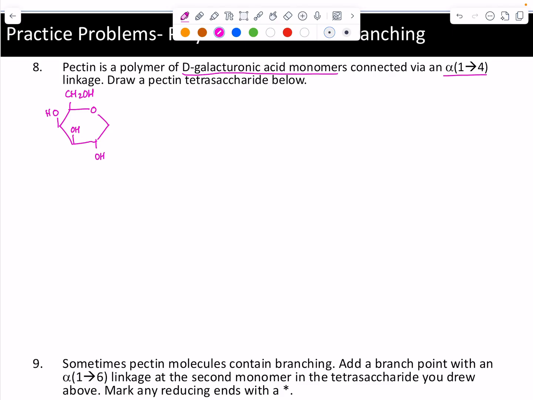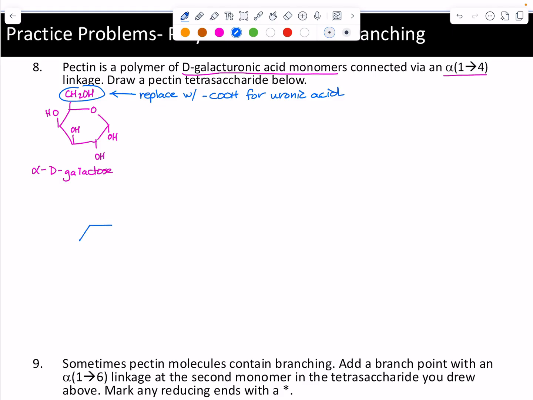And then we've got, if it were in the alpha configuration, so this is alpha D-galactose. So to make galacturonic acid, we replace carbon 6 with a carboxylic acid group for uronic acid.